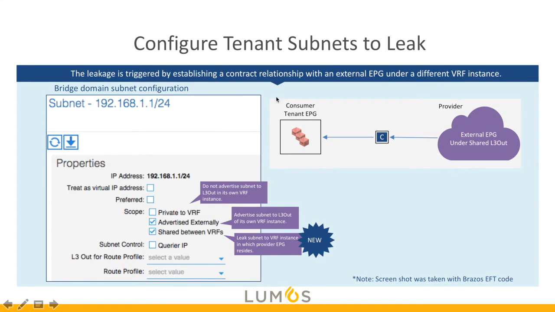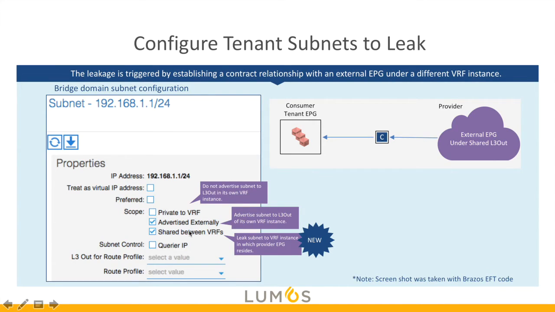To configure a tenant subnet to leak, under a bridge domain, we create a subnet and then advertise externally. That means we're going to allow it to advertise to the L3 outs. This just means that this particular subnet, 192.168.1.0/24, this /24 is going to be able to be advertised through our routing protocol.